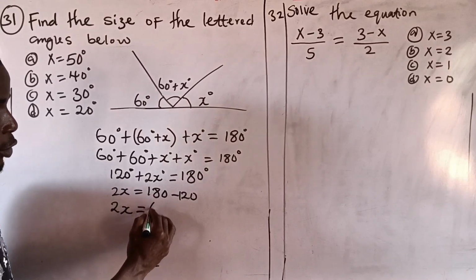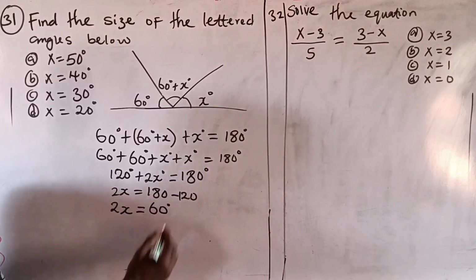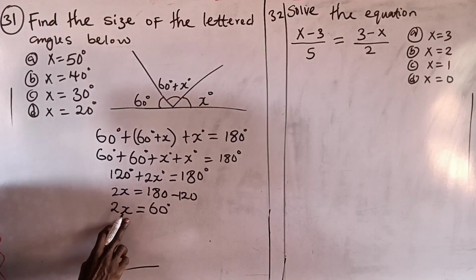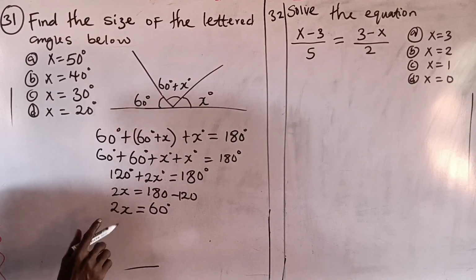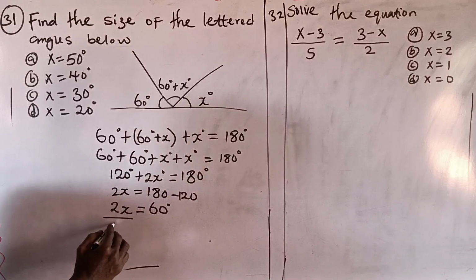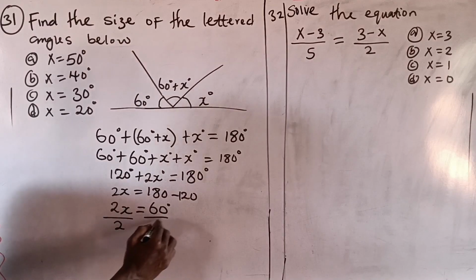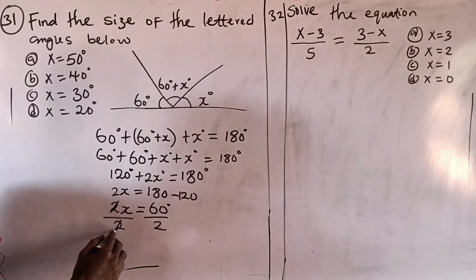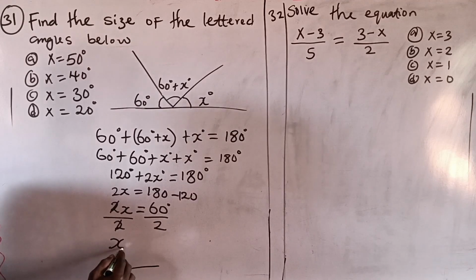We are going to have what? 60 degrees, right? So we are dividing all through by what? 2, so that we can have our unknown, which is x. So 2 cancels 2, we are left with x, right?